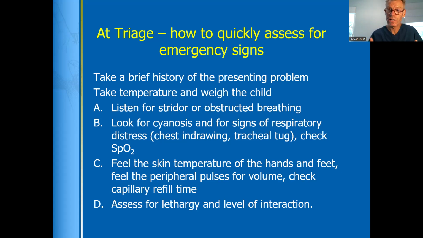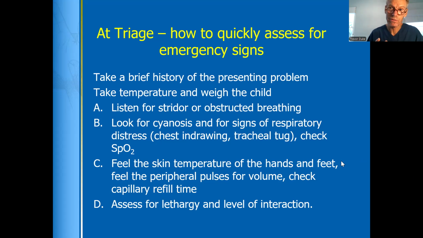And that's, of course, all age appropriate, because the interaction you get from an older child is different from that of an infant. But you need to assess the child for lethargy. And you can do that in a formal way, like doing an AVPU score, which is: is the child alert, or do they respond to verbal stimuli, or do they respond to painful stimuli only, or are they unresponsive?